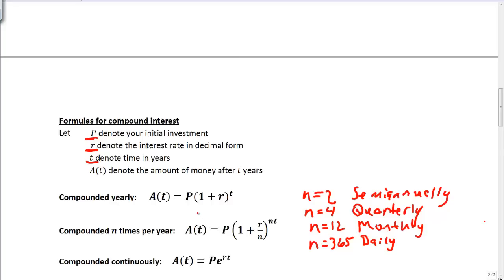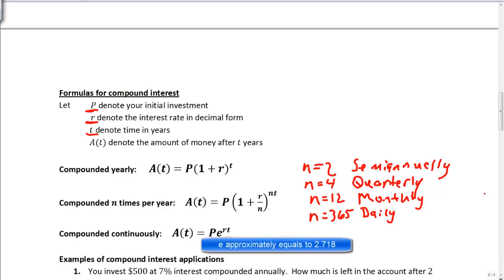Now, if they say it's compounded continuously, in that instance, it doesn't mean that somebody is actually sitting down in the vault continuously compounding using a formula like this. What they're saying is they are going to use this formula here, okay?